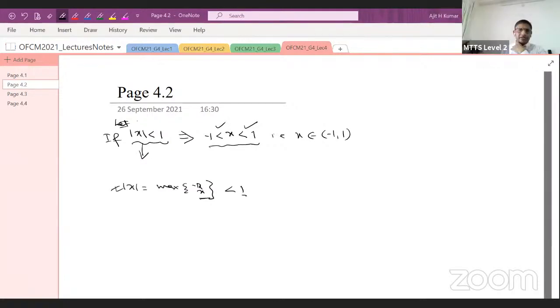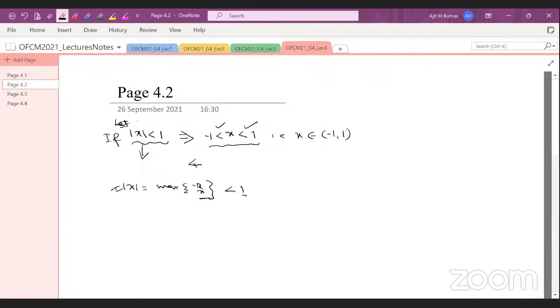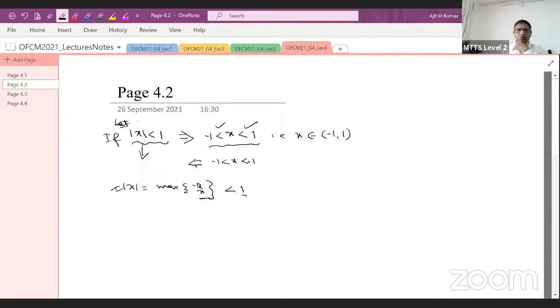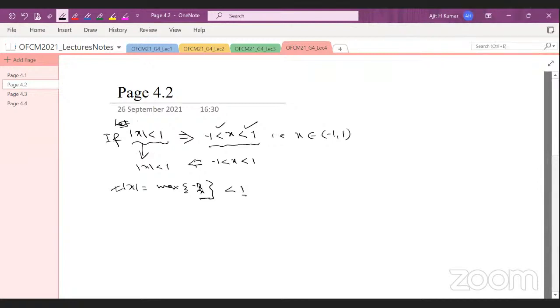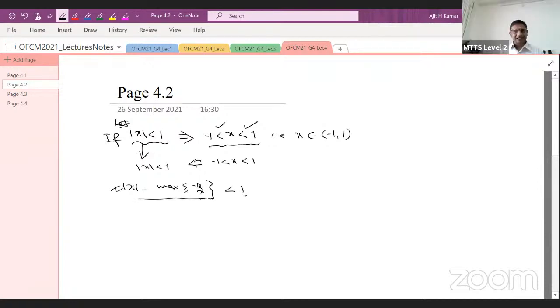Okay, so the converse of this is: if minus 1 less than x less than 1, this implies mod x is less than 1, right? Is that correct, Devika? No, sir. So if x lies between minus 1 and 1, this doesn't imply that mod x is less than 1.